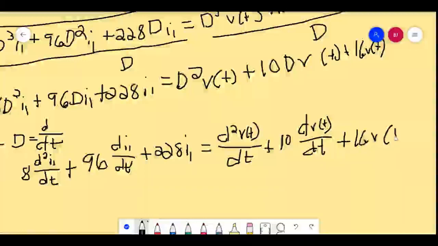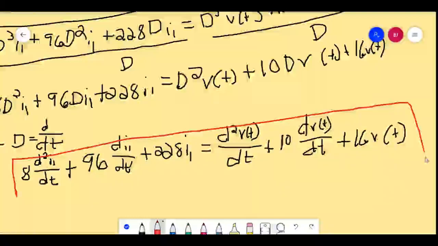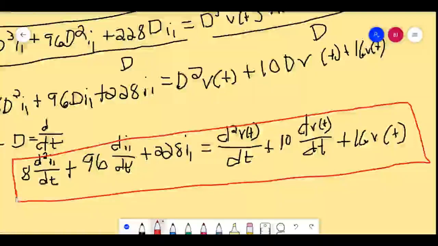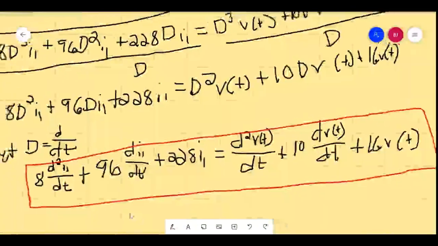Plus 16 v of t. And that's it. Well, that was a long one. So this would now be our differential equation for I1.